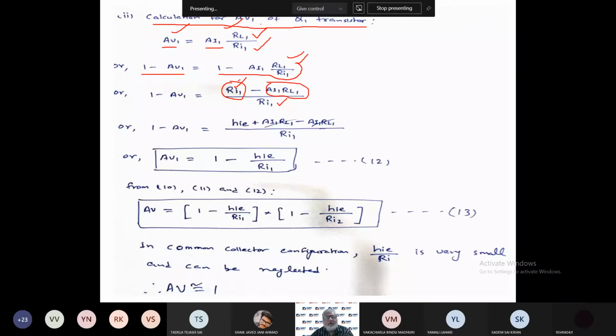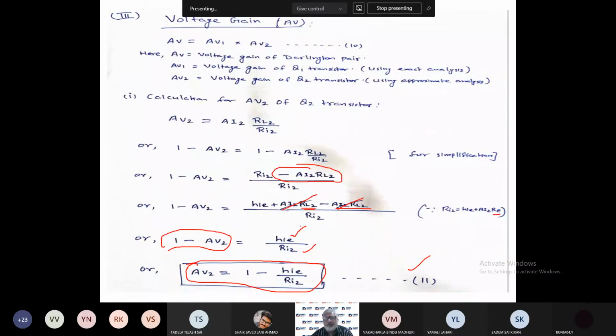Now how can I write Ri1? HIE plus AI1 RL1. I can write it in this way. Already you can see here, Ri2, how we have written it: HIE plus AI2 RE.